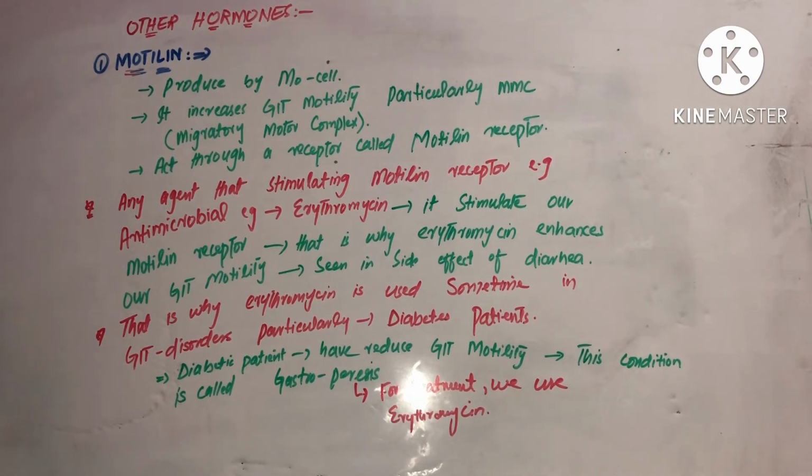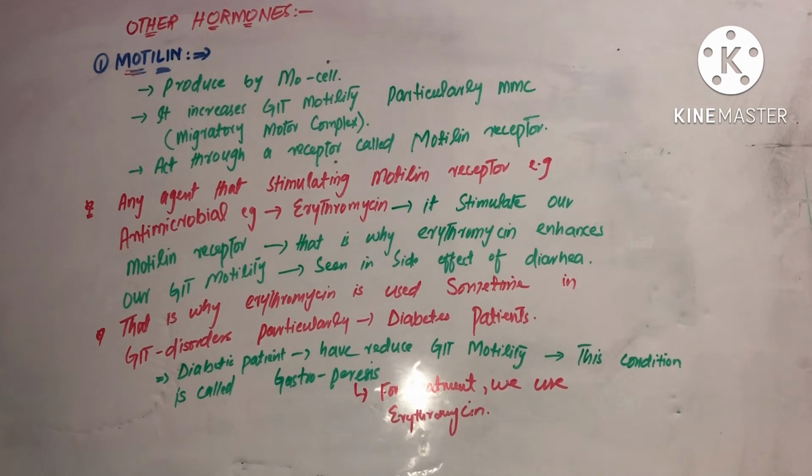It increases GIT motility, particularly the MMC, migratory motor complex. We will study this when we study GIT motility. Motilin acts through a receptor called the motilin receptor.